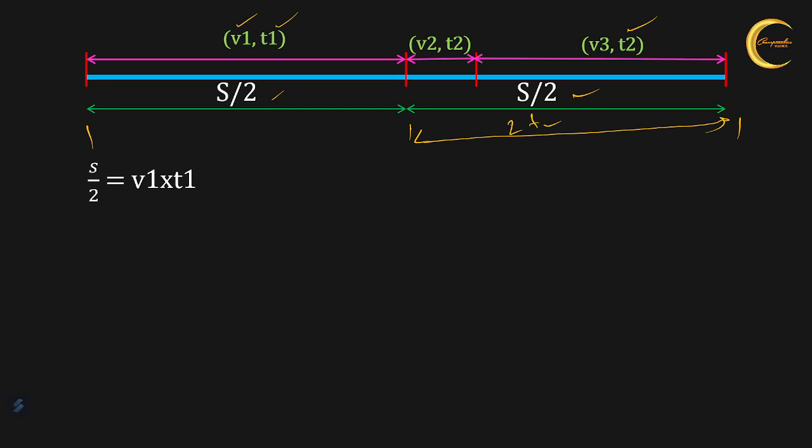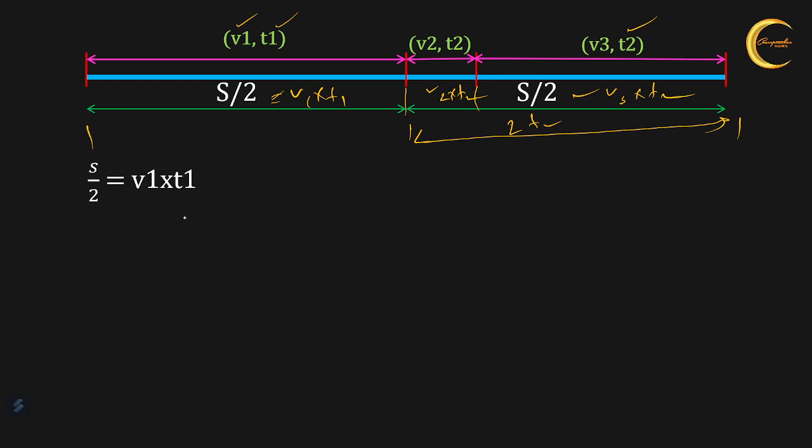Now let's see the solution. Here s by 2 distance means velocity into time. So we can easily write v1 into t1 for one distance, v2 into t2 for another distance, and v3 into t2 for the other.